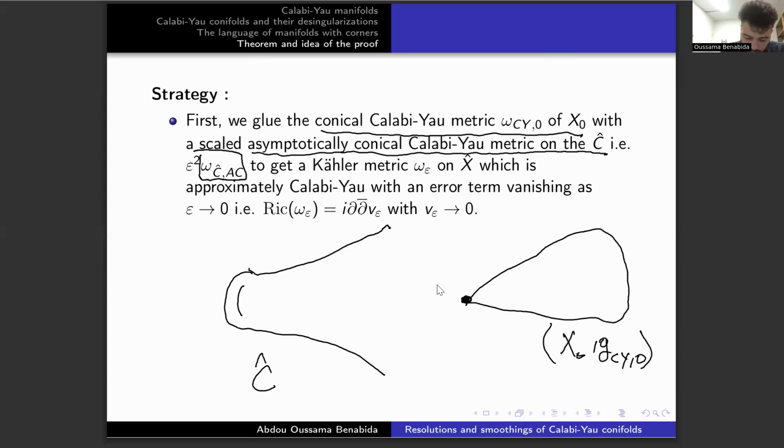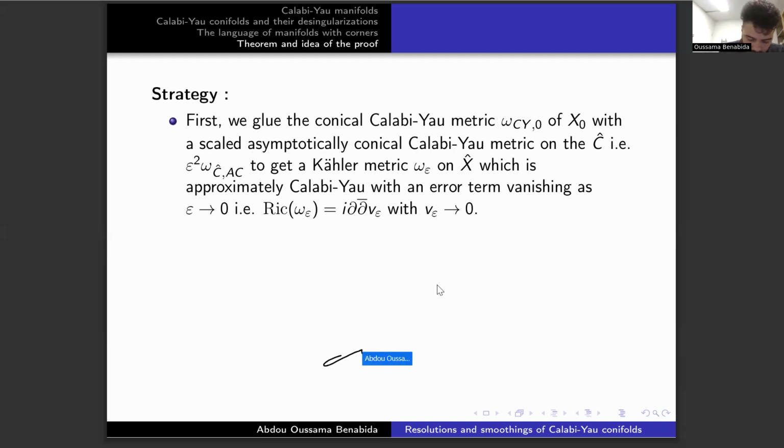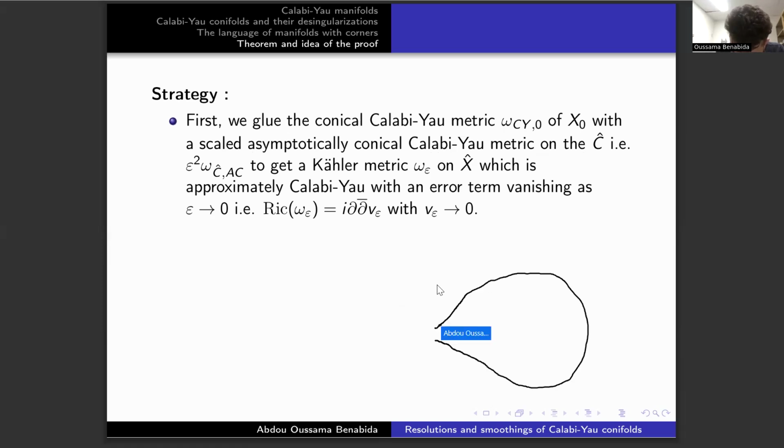And now what we do is we take away this part. We take away this part. We do a rescaling and we glue the two. So that in the end we have something like this: part of x0 and then part of C hat with a rescaling, epsilon squared.